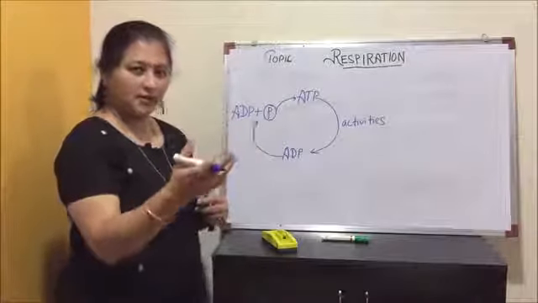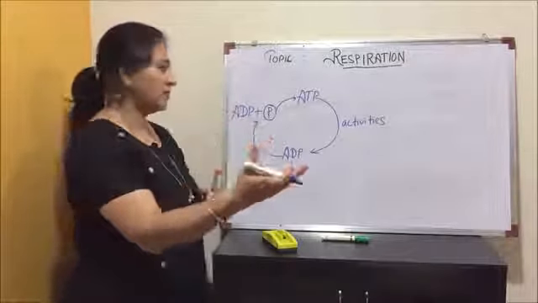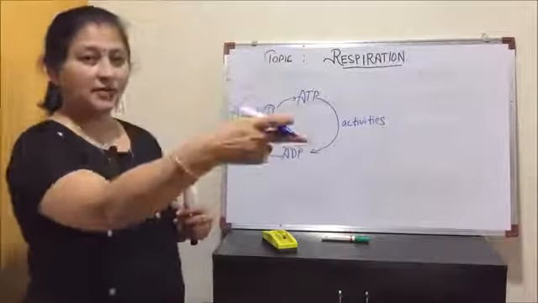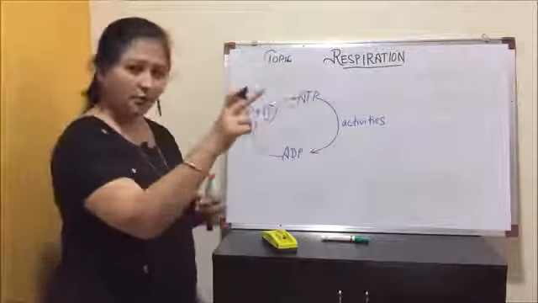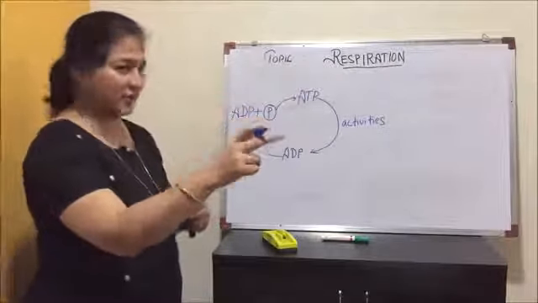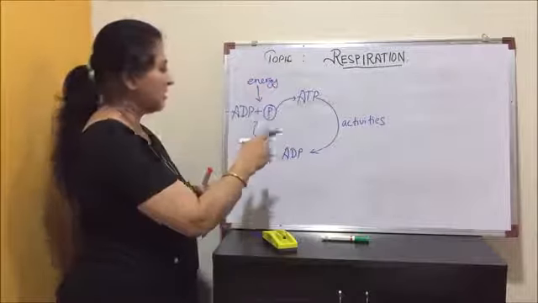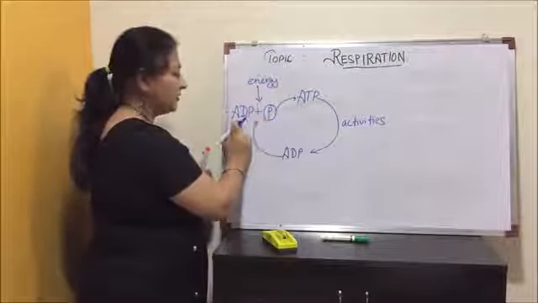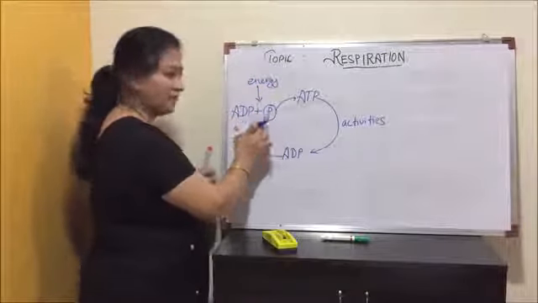The energy which is released in the process of oxidation will be utilized here, and this energy will be used to make ADP into ATP when inorganic phosphate is combined, right? So this is what is happening in our cell. Clear?